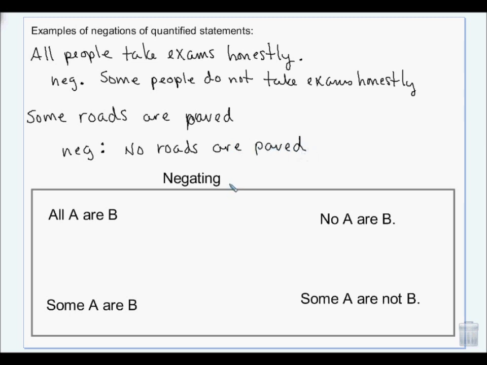Okay, so here's kind of like a little visual aid for that. These negate each other, and these negate each other. Make a different color.